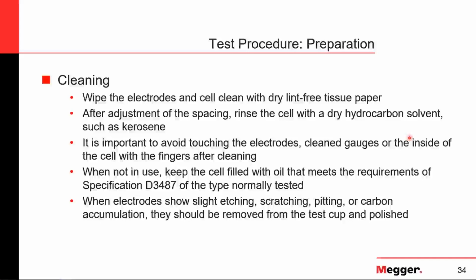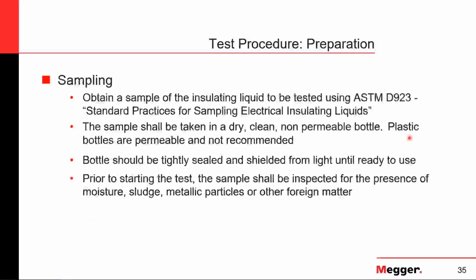Make sure you seal and label your samples for future testing, and when you are just preparing, right before the actual performing of the test, make sure you inspect the presence of any visible particles or any foreign matter in your sample.